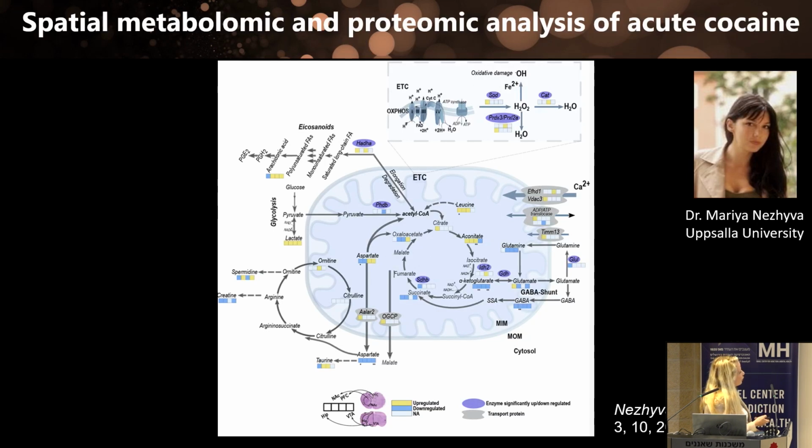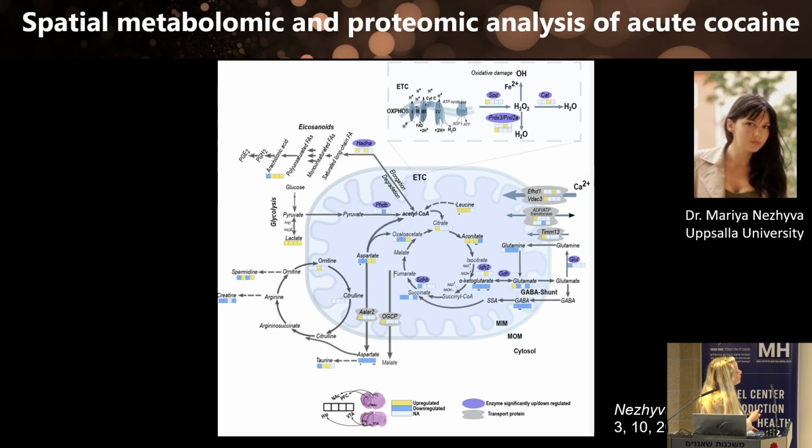Further, we saw that the enzymes by proteomics that are related to glutamate synthesis actually are induced. However, the glutamate itself, 24 hours after the administration of cocaine, goes down as well as GABA. Aspartate goes down as well, and aspartate is eventually formed from glutamate.